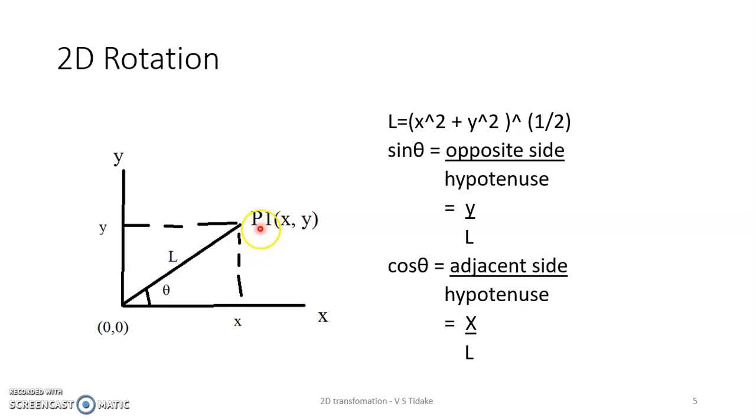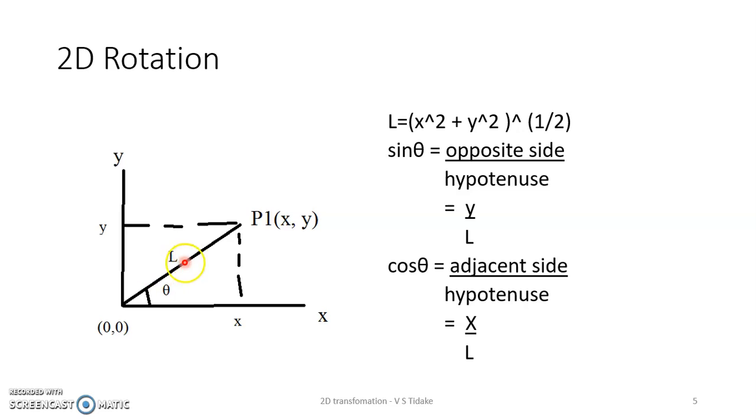Suppose we are having the point P1 having the coordinates x and y. Then it will be represented in 2D dimension like this, where the length of this line will be L, this is x and this is y. Let us say this is angle theta.